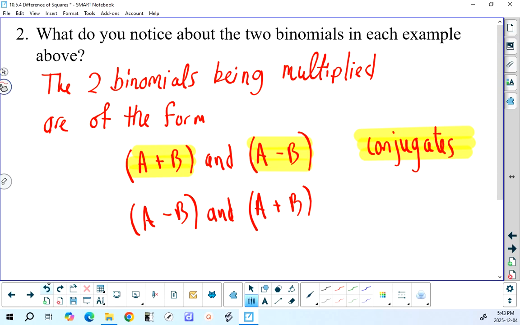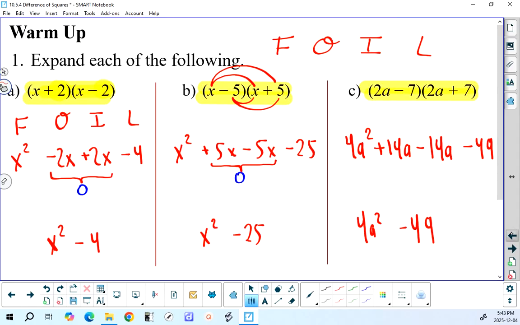So going back and looking at A, x plus 2 and x minus 2 are conjugates of each other. When you look at B, x minus 5 and x plus 5 are conjugates of each other.